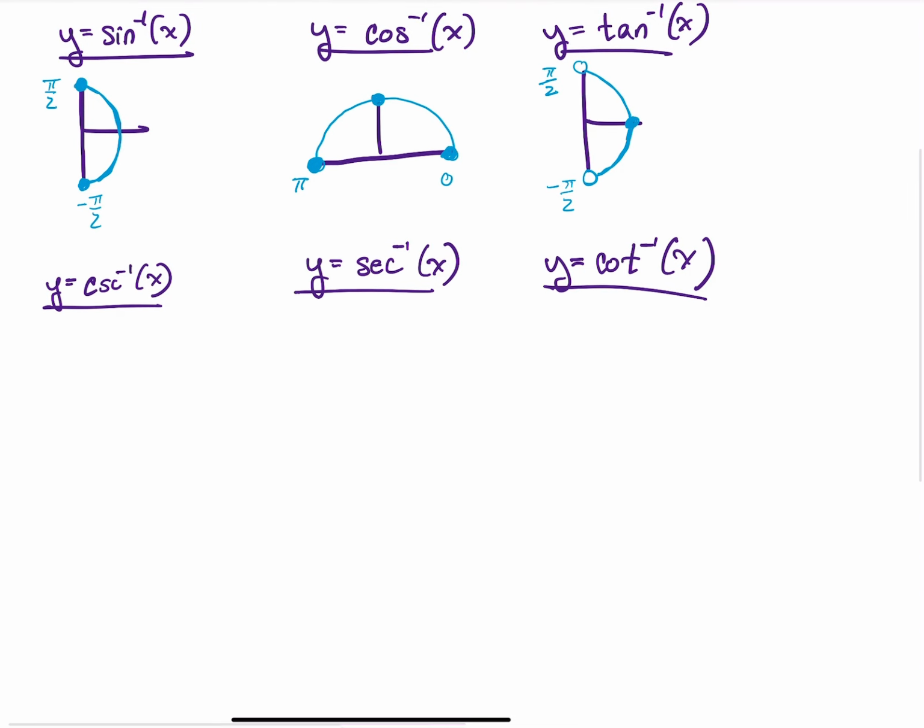The restricted range of the inverse cosecant will look similar to the restricted range of the inverse sine. So it's the right side of the unit circle from negative pi over 2 to positive pi over 2. So it'll still be defined on the extremes there, except for at 0. Because since the cosecant is 1 over sine, wherever the sine is equal to 0, the cosecant is undefined. So we have to skip over that point at the angle of 0.